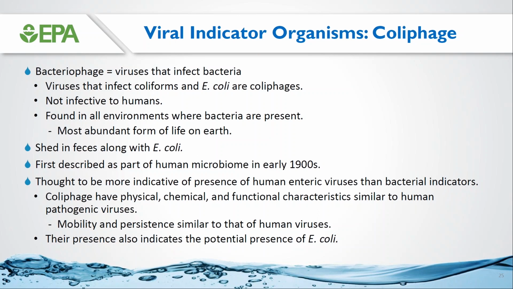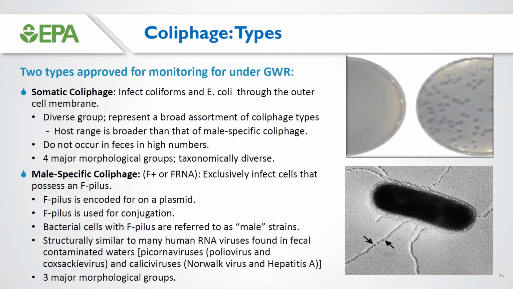So for this next slide, all I want you to take away is that the most common bacteriophages that you will come across with drinking water treatment are somatic coliphage and male-specific coliphage. They do look a little bit different on a plate.